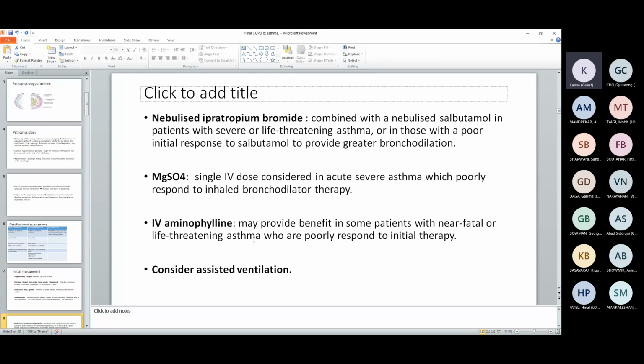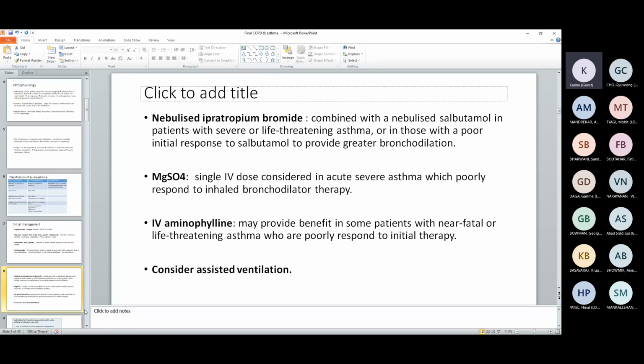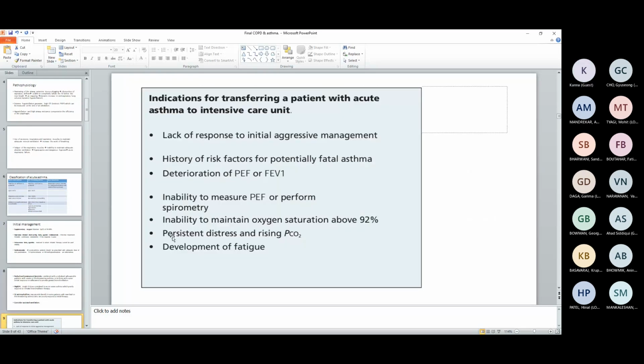Even after this initial management, if the patient is not responding to the treatment, then we should consider moving this patient to an HDU or ITU setting, and should consider assisted ventilation in the form of non-invasive or invasive ventilation. These are the indications for transferring the patient to a specialized unit, maybe an HDU or the intensive care unit.